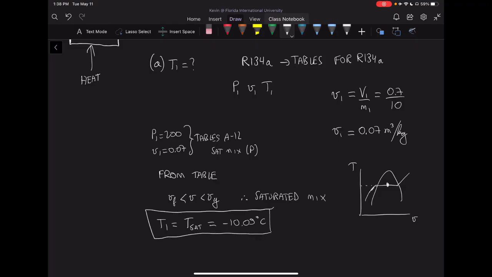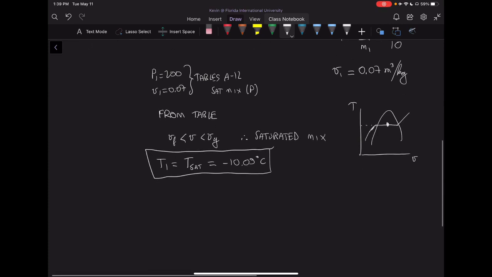Now, we add some heat to the system, and we're told that the system heats to 30 degrees Celsius. So we know that state 2 has a pressure P2, which we already wrote above, of 200 kilopascals. The pressure does not change because we are in a piston cylinder assembly that is free to move. And temperature 2 is equal to 30 degrees Celsius.